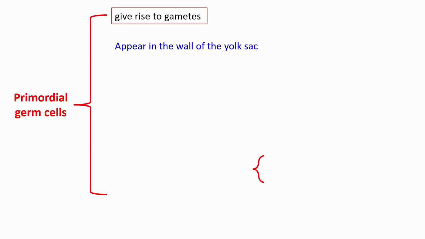And we know for sure now they appear in the wall of the yolk sac near the allantois, and they migrate, they travel along the allantois to the structure attaching the hindgut to the posterior abdominal wall called dorsal mesentery.